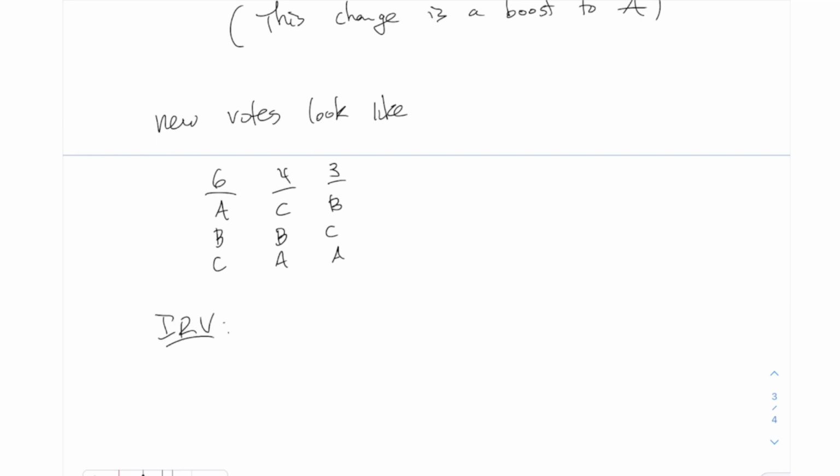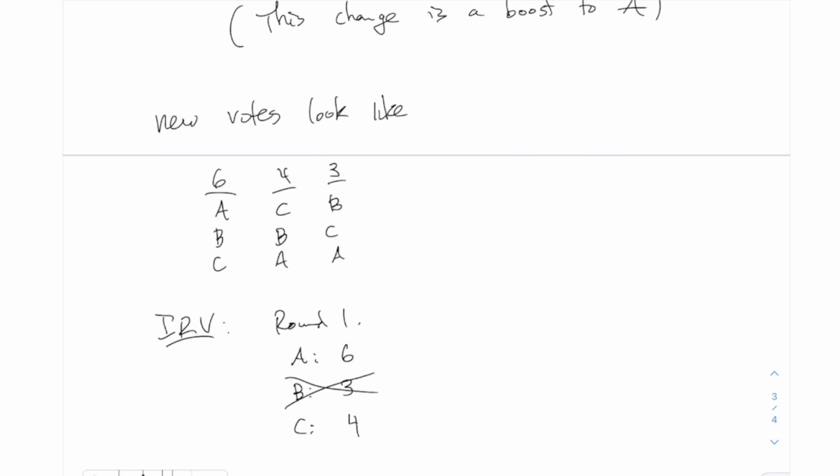In round 1, I count up. A gets 6, B gets 3, and C gets 4. Because I made that change, it means that C is going to survive into the second round, whereas before C was eliminated in the first round.